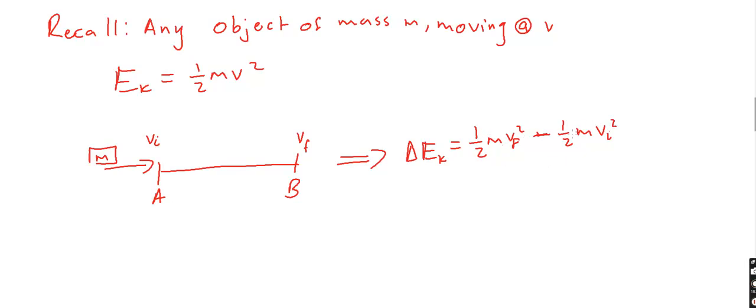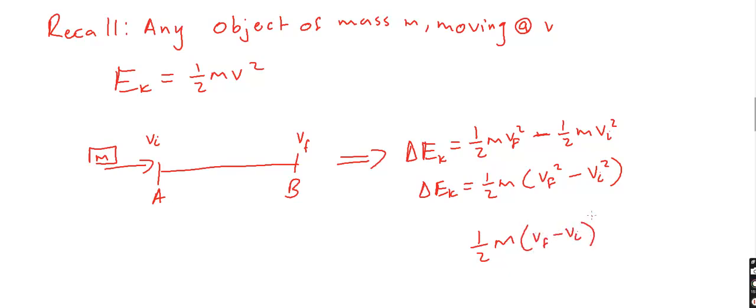Clearly, because it's the same mass, the m is the same, and the half is also the same, so we can factor out the half, and then in our bracket we can have vf squared minus vi squared. Please make sure, if you opt to use this second version of the formula, do not ever make the mistake of writing half m (vf minus vi) squared like this. This is totally wrong.